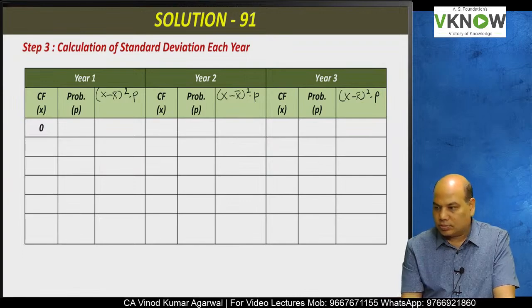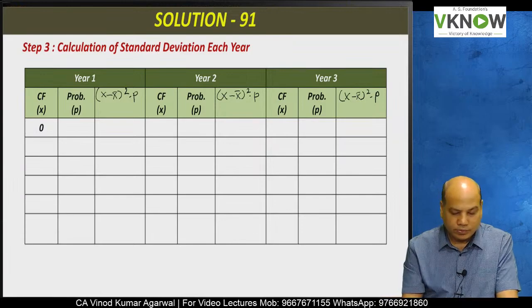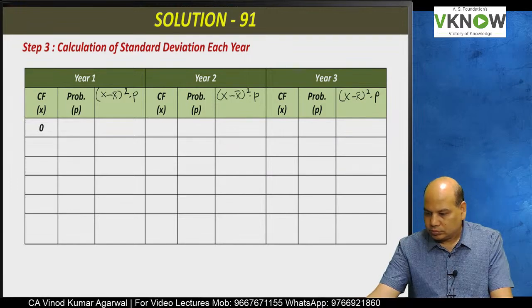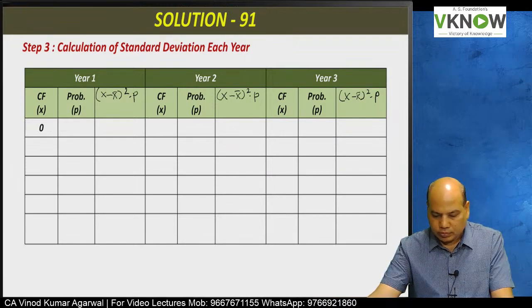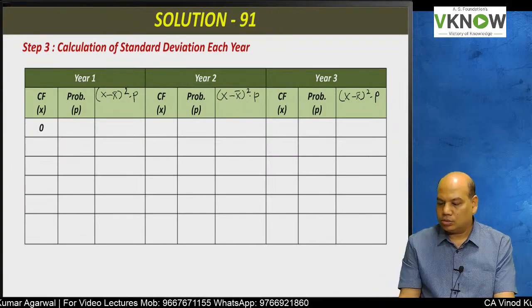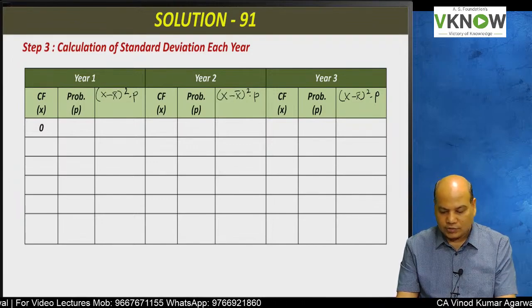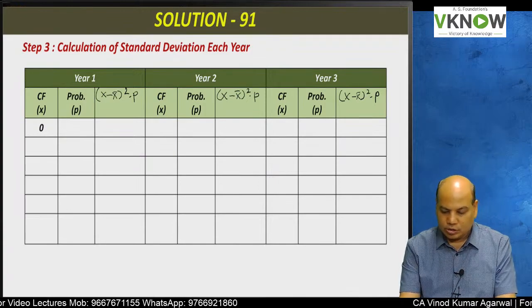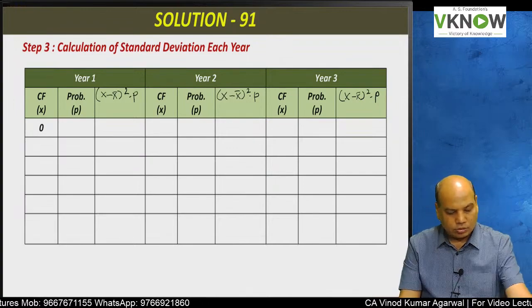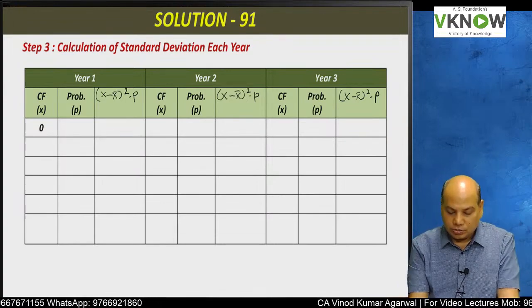Year 1, 3 columns: cash flow, probability, (x minus x bar) square into probability. Same for year 2 and year 3.